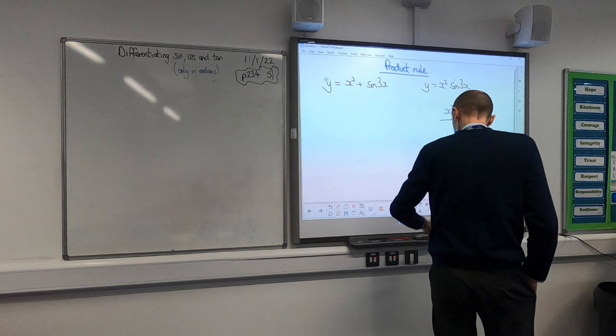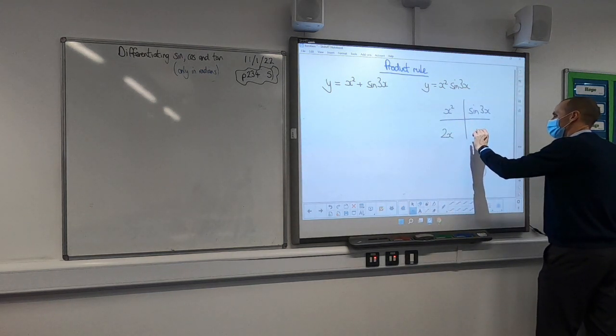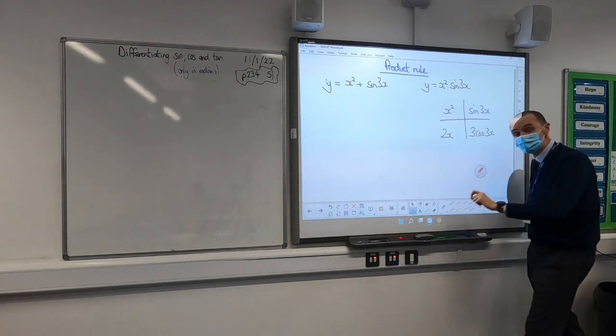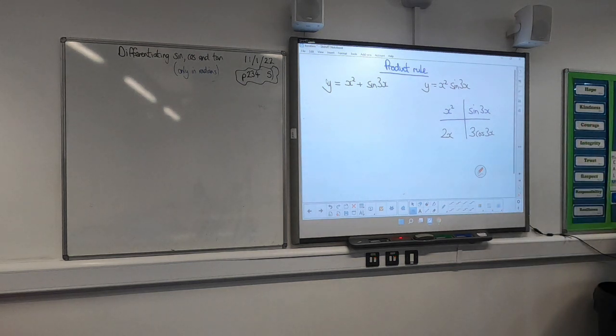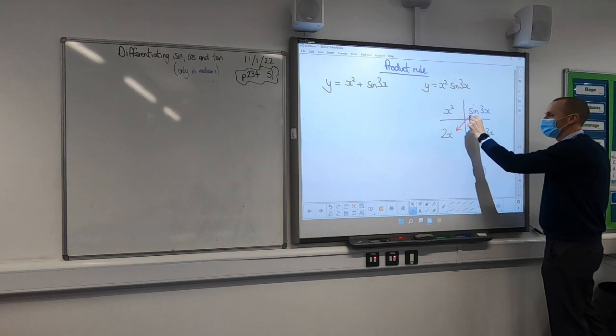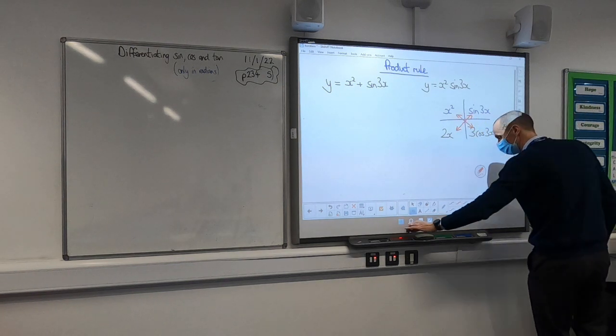Sorry, that should be black. Oh well, that's going to confuse me. Sine becomes cos, so 3 cos. And then all you do is, and the derivation of this is not on the syllabus, I'm sure there are YouTube videos explaining it, you multiply those two things together and add them to those two things multiplied together.